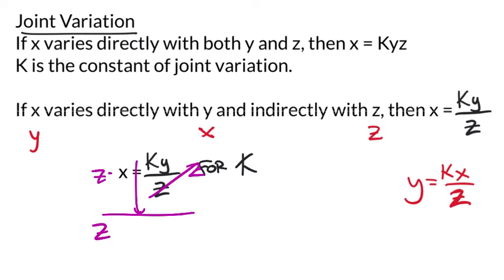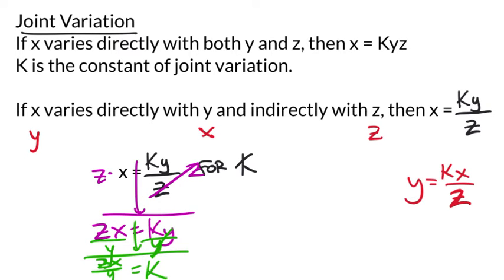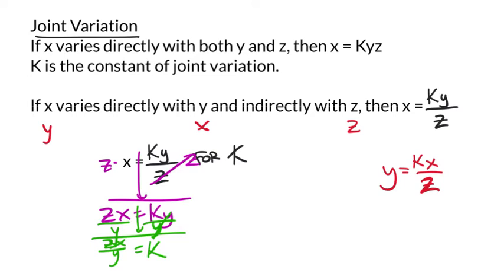Then you'd have zx equals ky. And then I'd divide both sides by y so that you have just the k. Now you've got k, because that's a phantom 1, equals zx over y. Kind of ran out of space there. A little bit better.